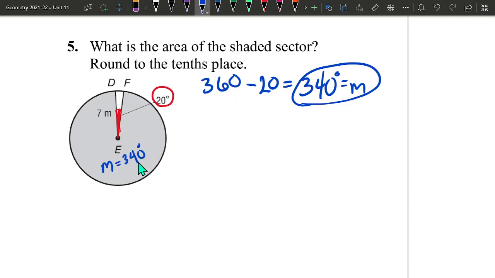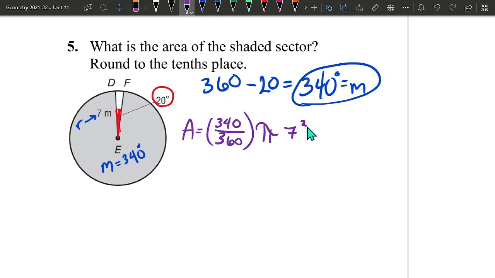So this one had an additional step at the beginning. Now I have M and I have the radius. So all I need to do is plug it into the formula. The area of the sector equals 340 divided by 360 times pi 7 squared.